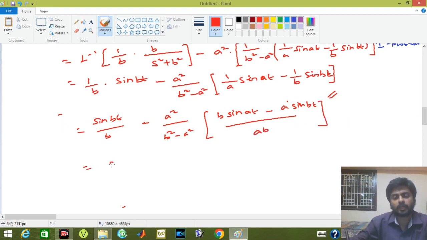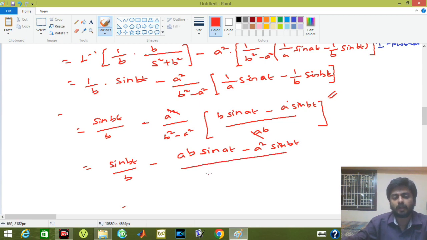So it can be taken as sin bt by b minus, this a and this will get cancelled, so you will get a b sin at minus a square sin bt divided by b into b square minus a square.